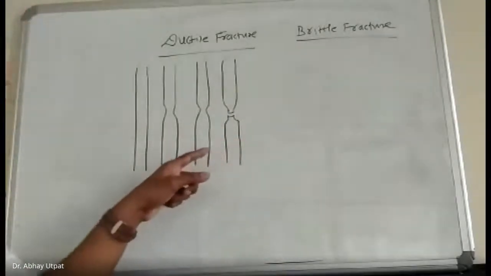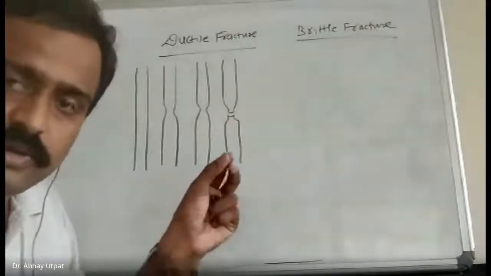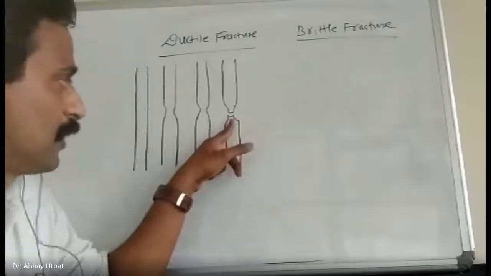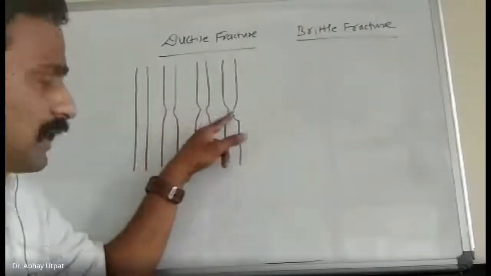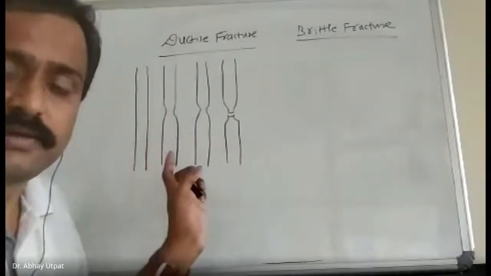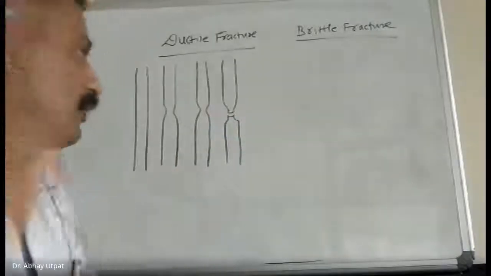This is called a typical cup and cone fracture. The cup and cone like shape will come at the time of failure by formation of this neck slowly and progressively. So this is typical ductile fracture, cup and cone type fracture.